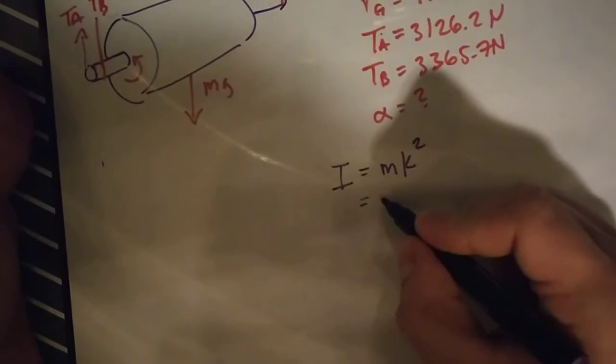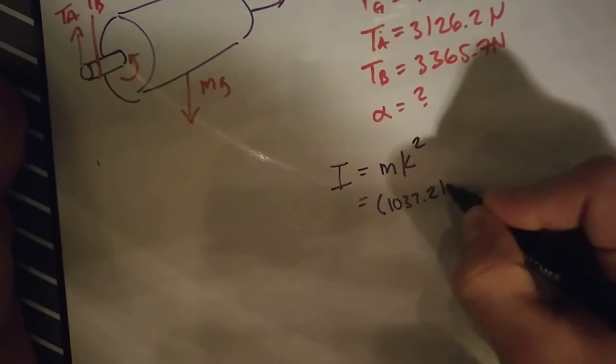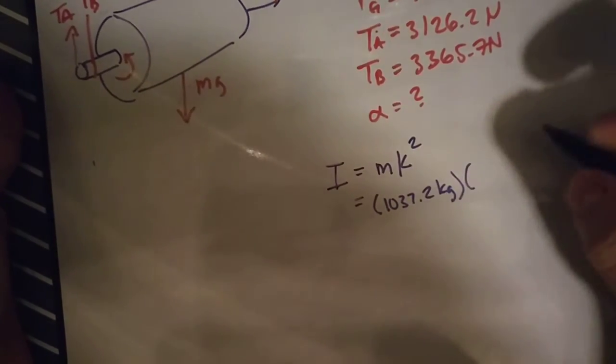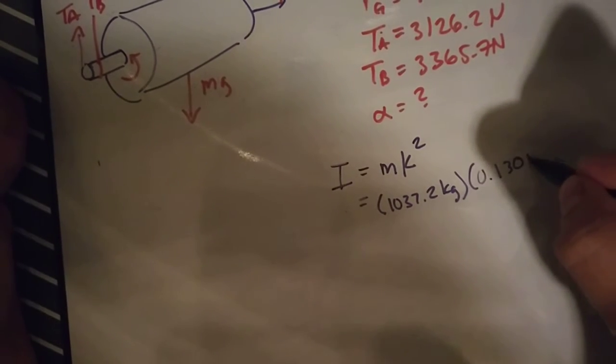So we can solve for that by going 1037.2 kilograms, and we place in our radius of gyration, 0.130 squared.